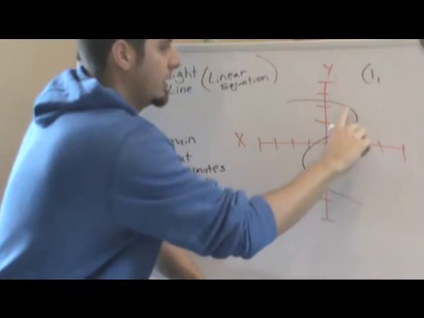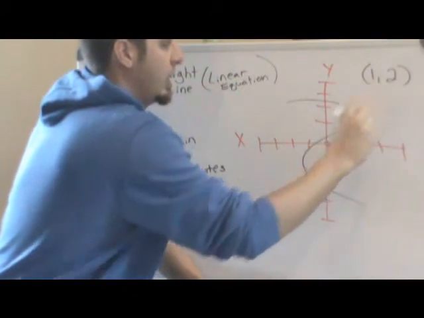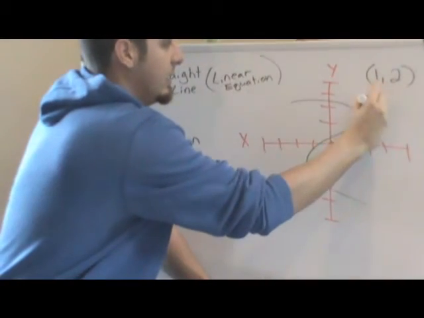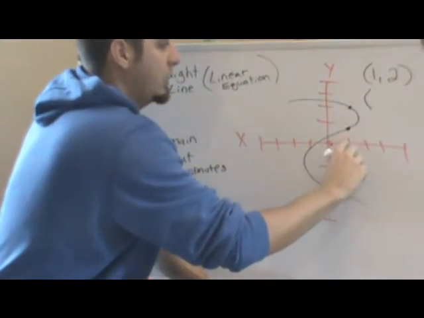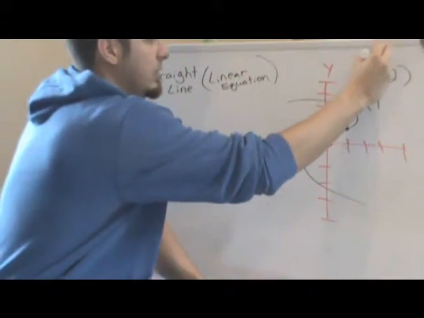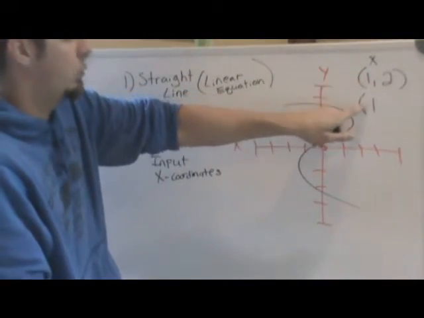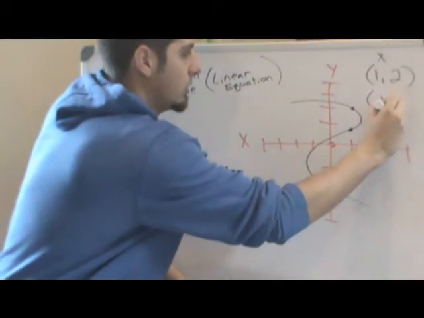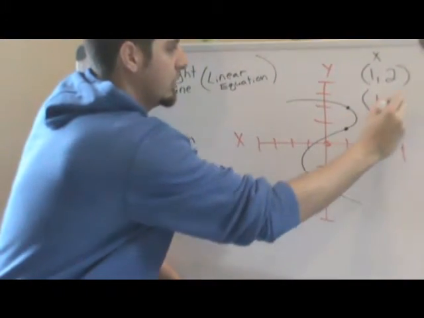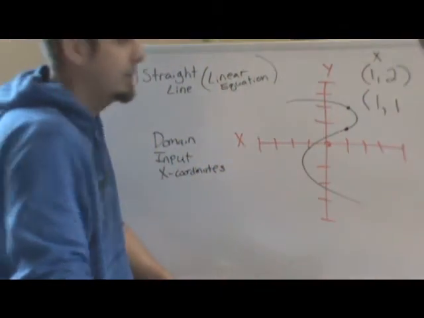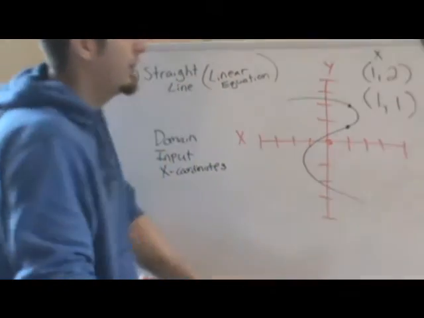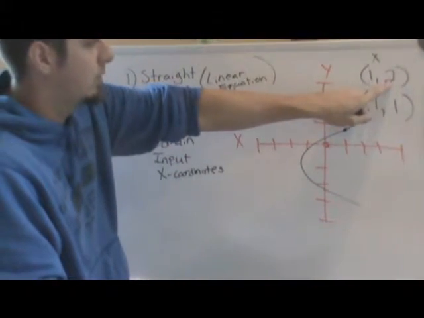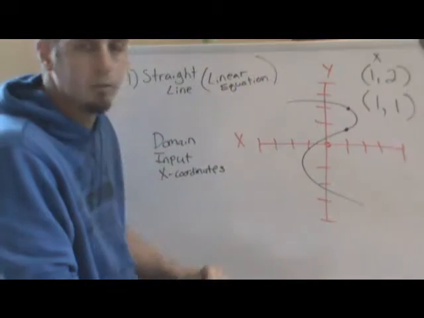The y-coordinate is 2. If you take a look at the bottom point, the x-coordinate is also 1. So in other words, the domain has repeated. I have two 1s. But the range in this point is 1 instead of 2. So that means I input 1, got 2, input 1 again, and got 1 for my answer.